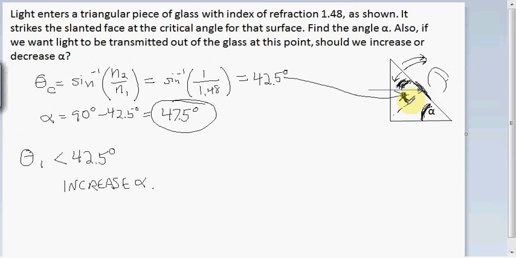Here's another way you can think of it. If I want to make this angle smaller, I want this dashed line to swing up like that. And to get this dashed line to swing up like that, I have to take this back face here and have it swing out like that. So basically I have to increase alpha in order for light to be transmitted out of the glass at that point. All right, we're done.